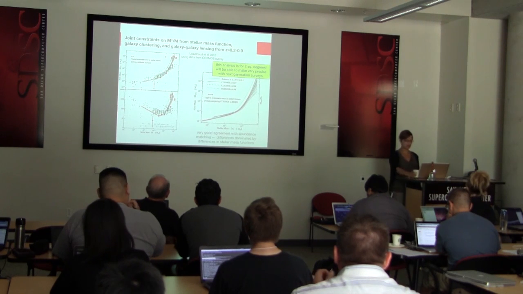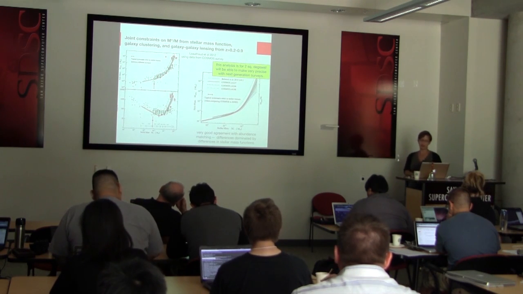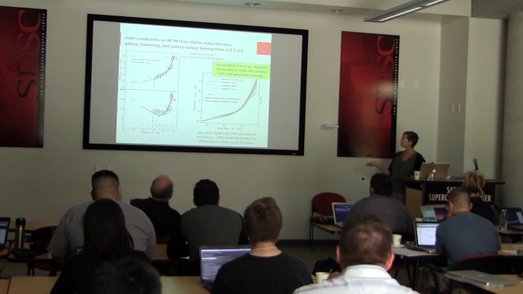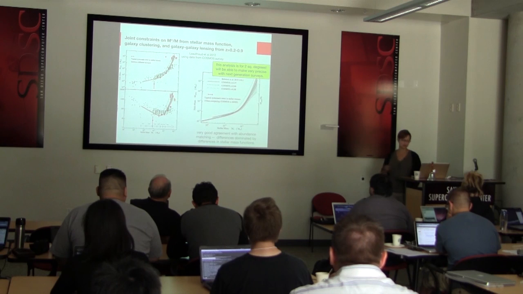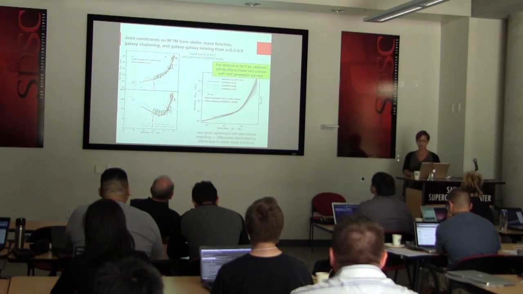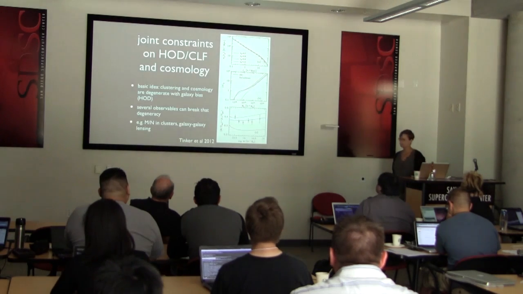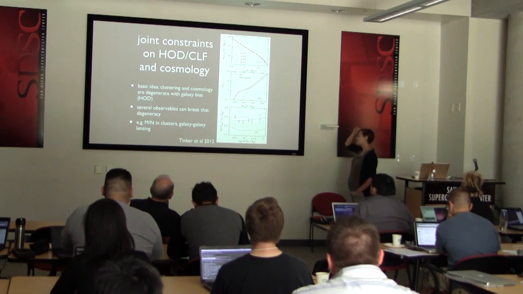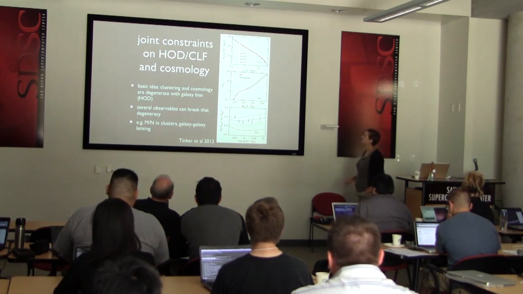And I think one of the most exciting things is that potentially you can use these kinds of approaches to actually use the small-scale information of galaxies to also give joint constraints on the galaxy halo connection and cosmology. So I just want to give a couple of examples of this. This has really only been discussed seriously in the literature in the last couple of years.